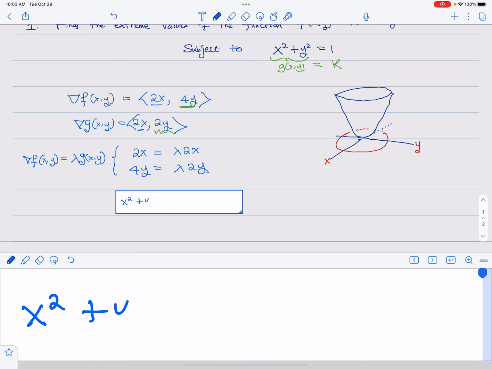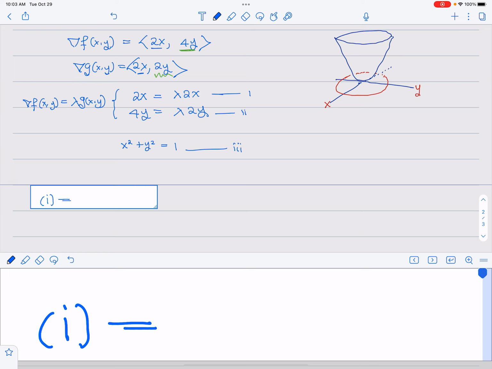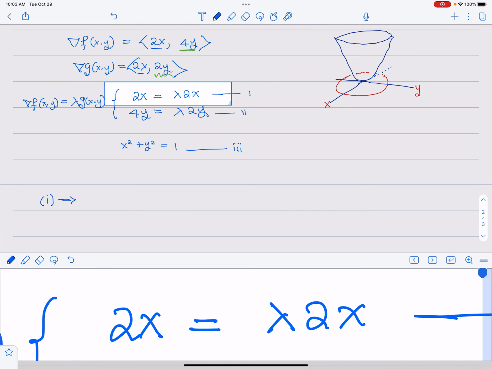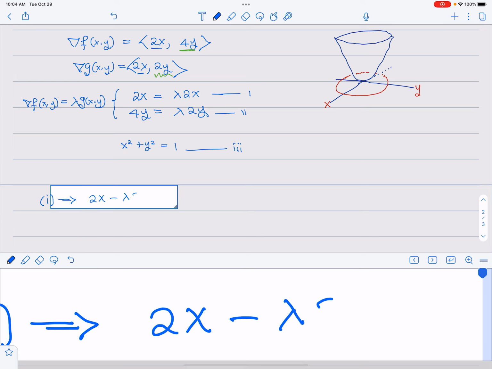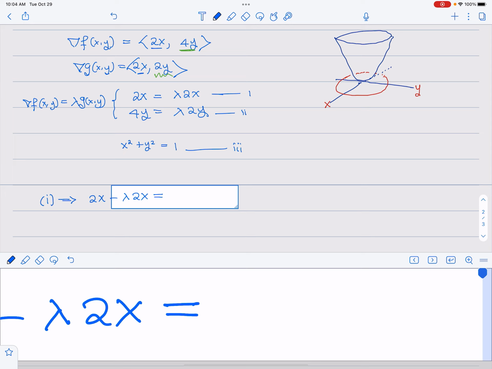So we have three equations. Let's call this equation 1, this one equation 2, and this equation 3. Okay. So we can see right away that equation 1 implies that if you take the lambda 2x to the other side, you have 2x minus lambda 2x is equal to 0.